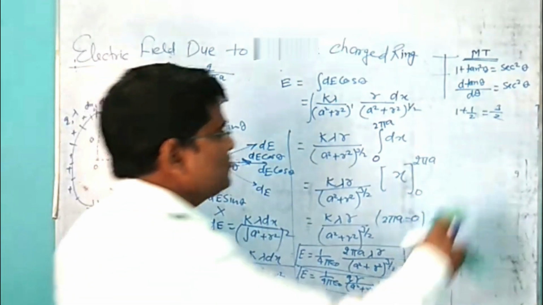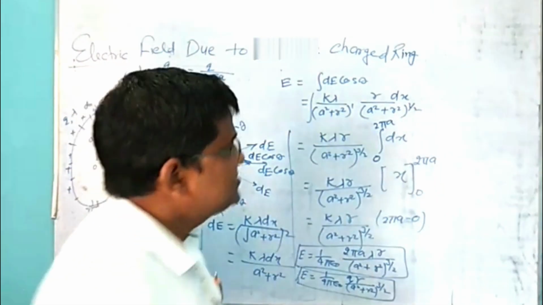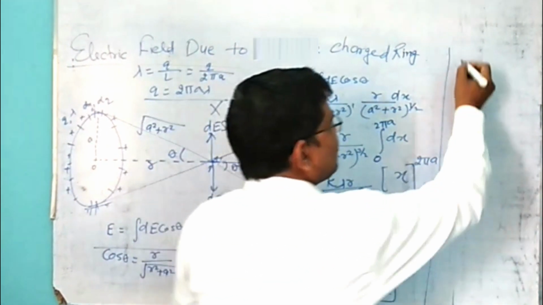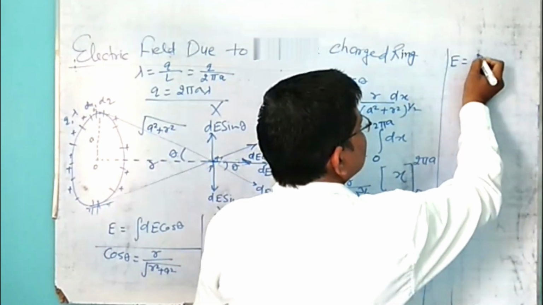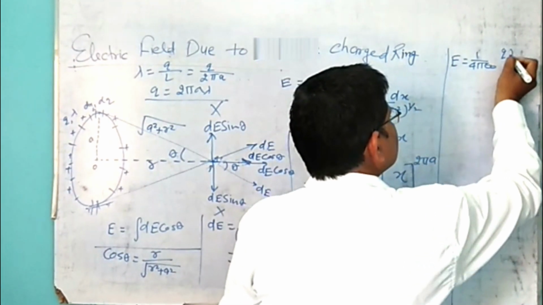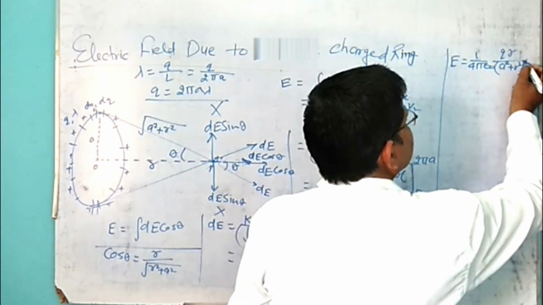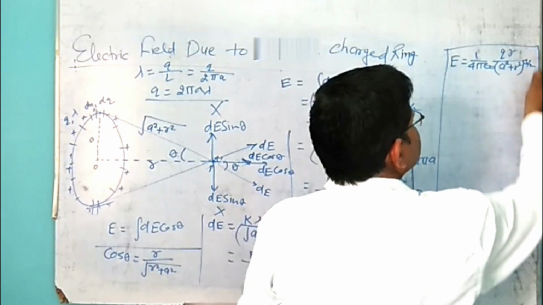There is no need of this, and just the formula is E equal to 1 upon 4 pi epsilon naught, qr by (a square plus r square) to the power 3 by 2.